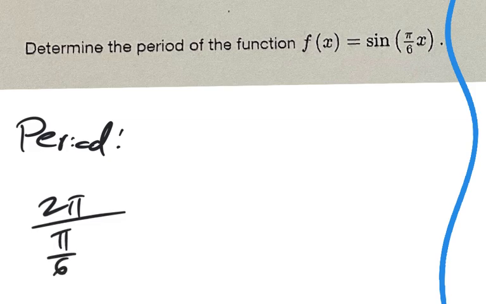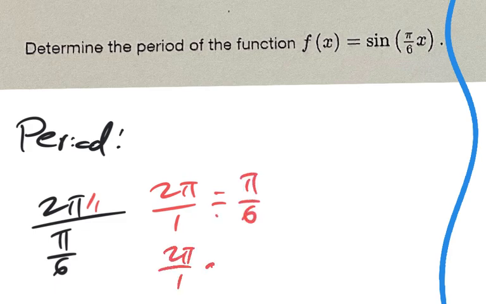Can you guys simplify that real quick? I couldn't. This used to confuse me a lot. This is why I used to make it 2 pi over 1 divided by pi over 6, which means I need to multiply by the reciprocal.